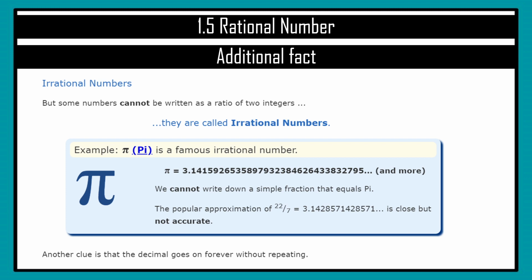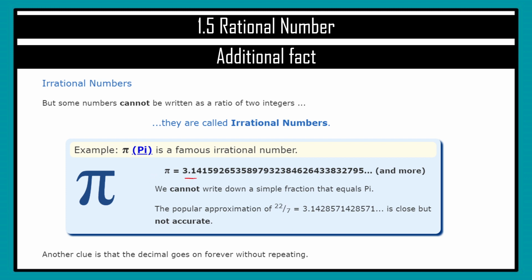For example, pi. You are going to learn pi soon when we go into the area of circles and volume, as pi is used for anything that involves circles. There are two values of pi.